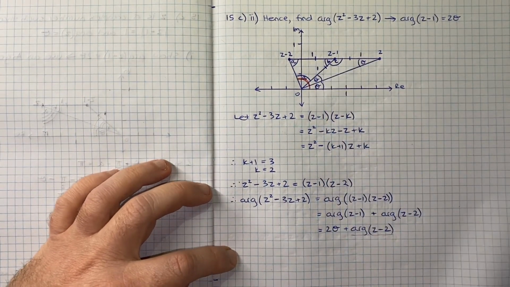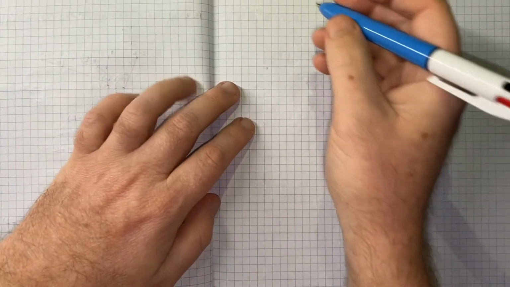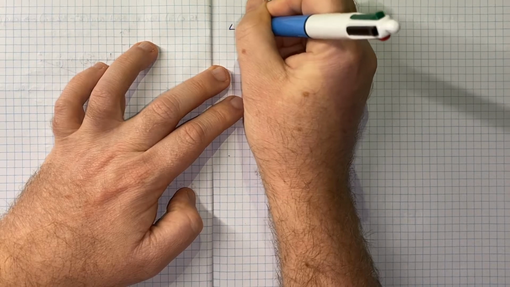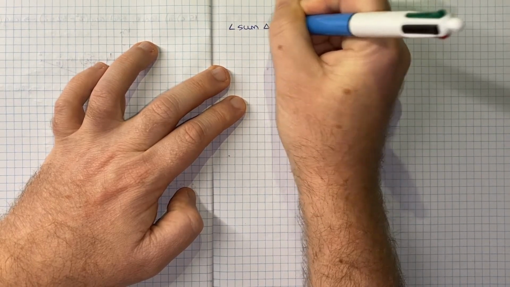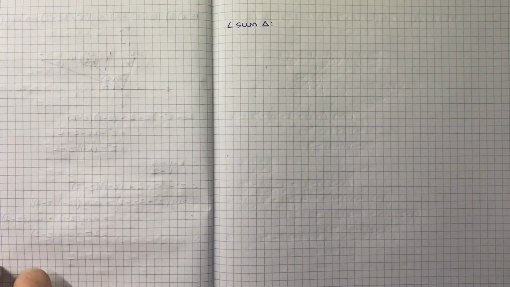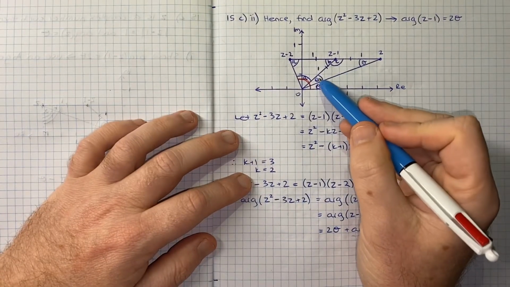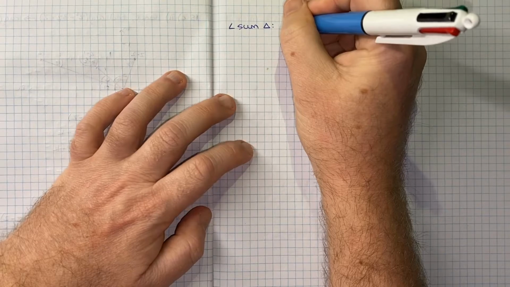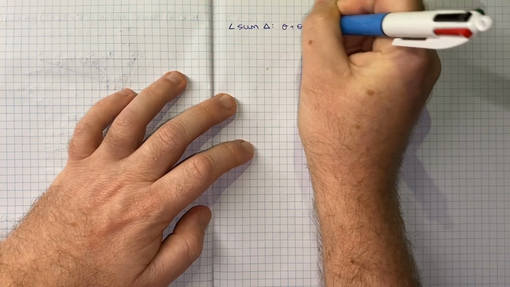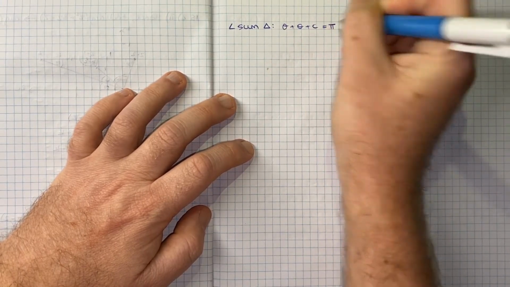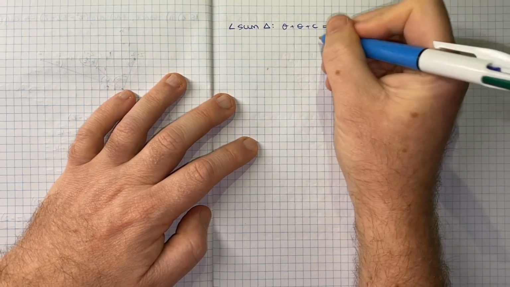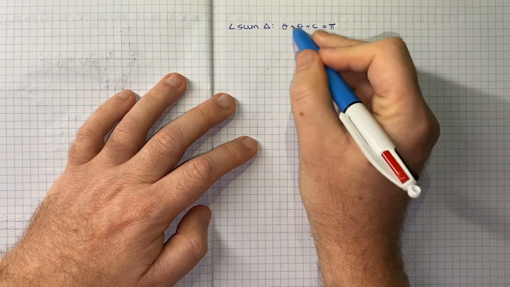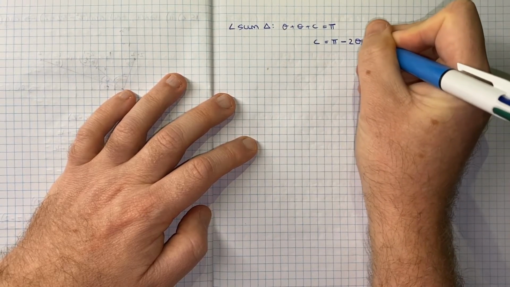So maybe over the page, we'll start by saying the angle sum of a triangle allows us to state that theta plus theta plus C will be equal to pi radians, or 180 degrees. So C would be equal to pi minus the 2 thetas that we bring over.